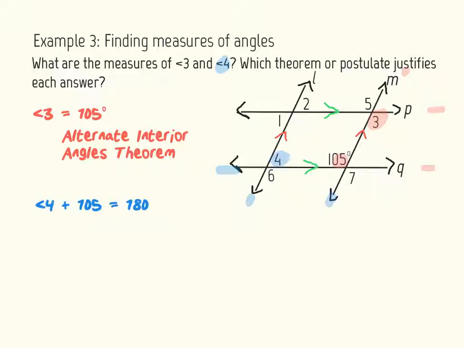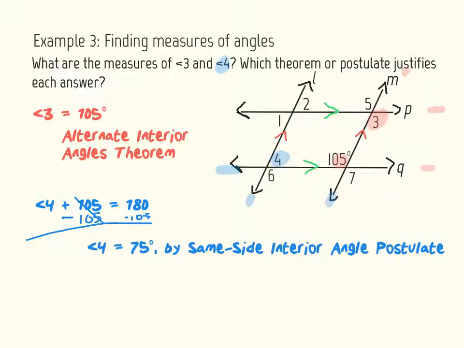If I do a little algebra here and subtract off the 105, then what I get is my angle 4 is 75 degrees. And again, this is by the same side interior angle postulate. So that's one way you could find the measure of angle 4.